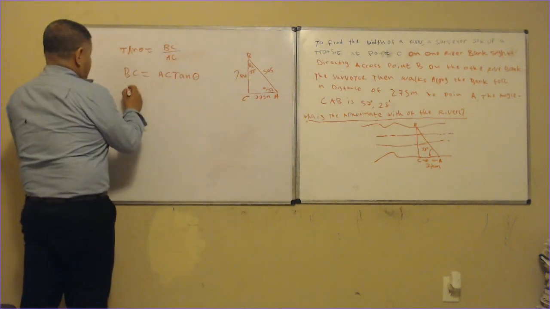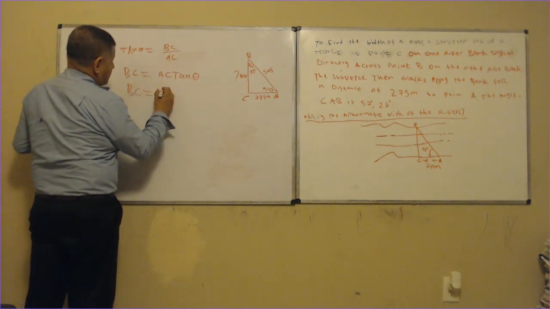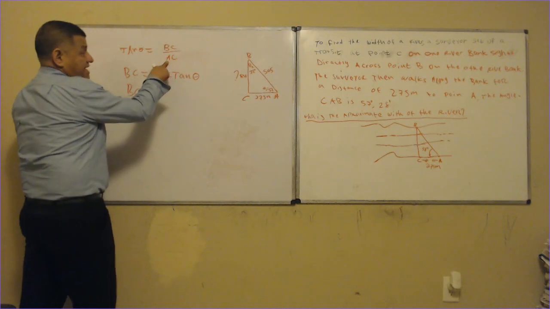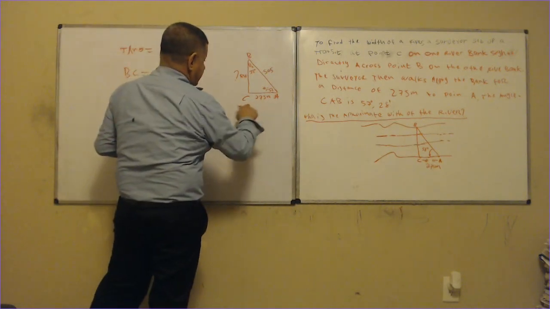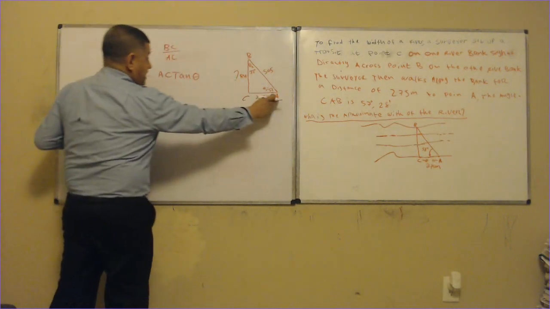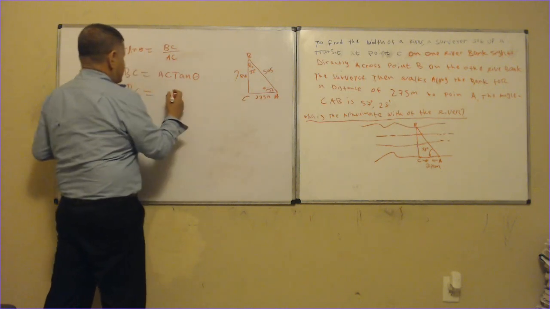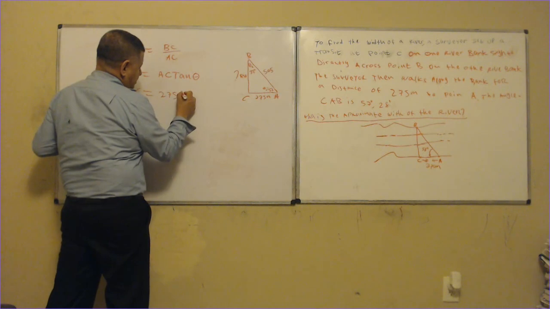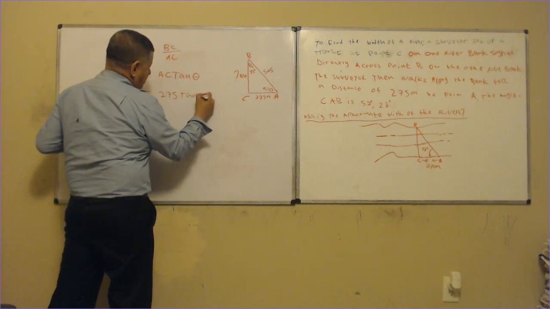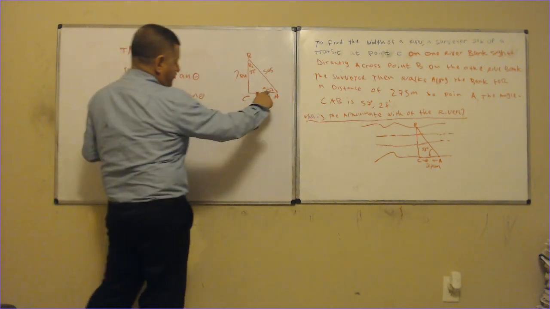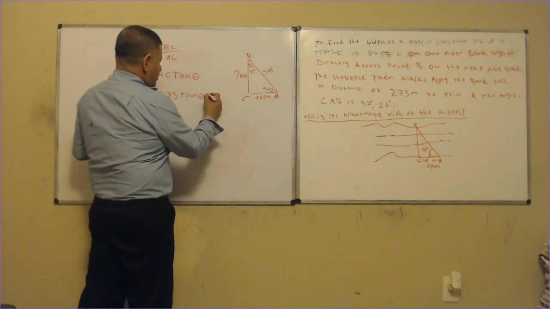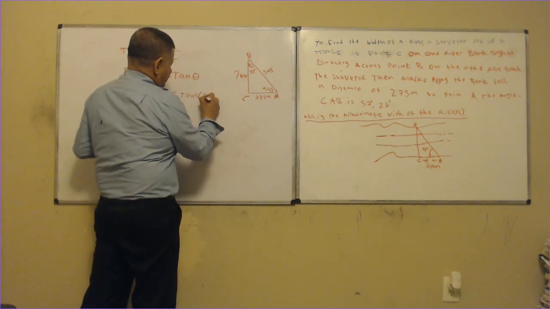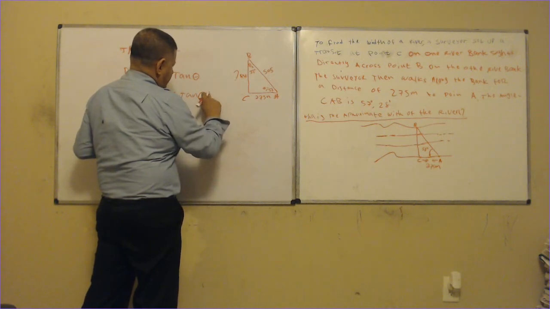So what is AC? It's the distance from A to C, so we put 275 meters times the tangent of the angle, which in this case is 57 degrees.